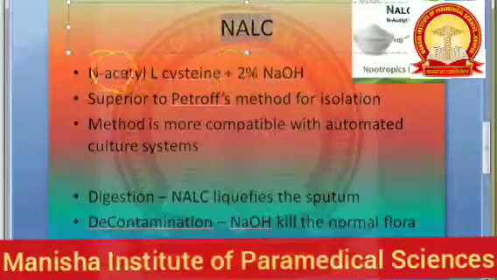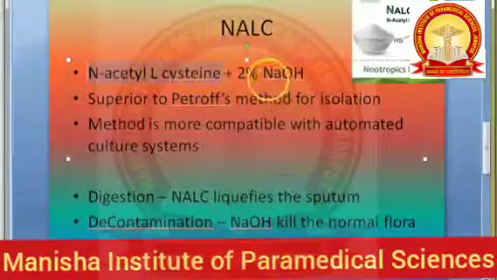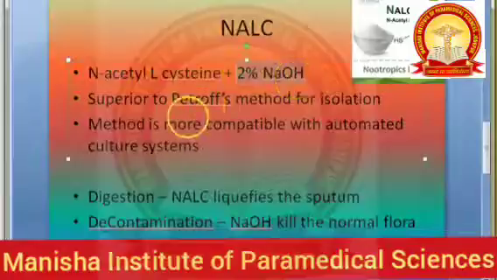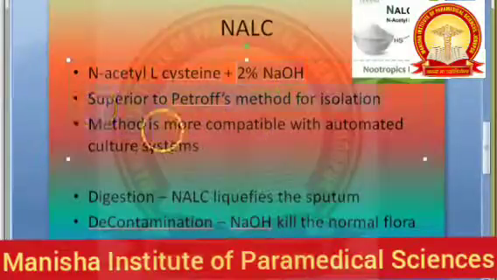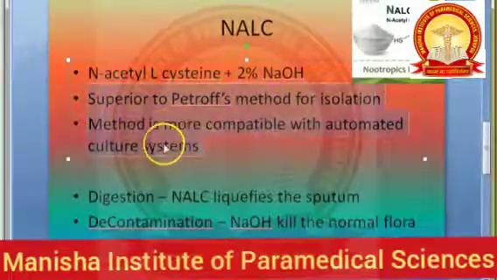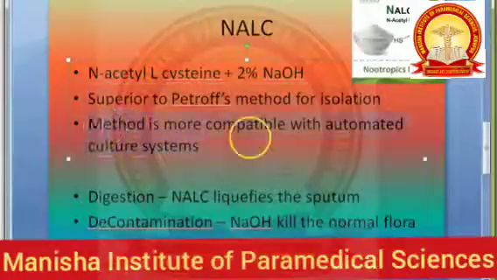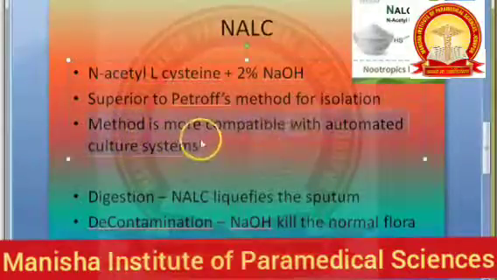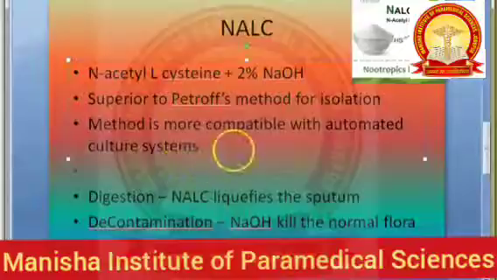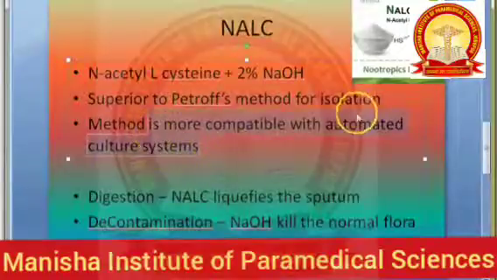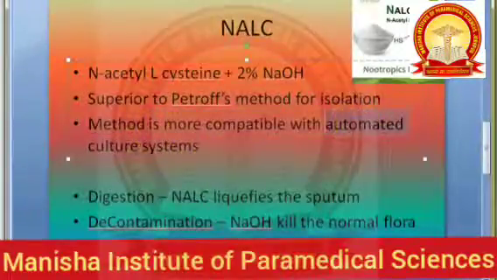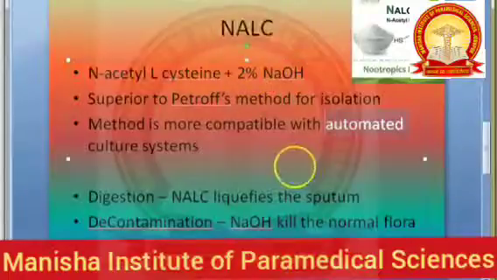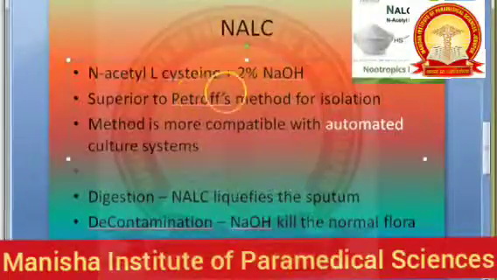Moving on to NALC, that is N-acetyl L-cysteine plus 2% NaOH method. Here this method is better than Petrov's method for isolation, and it is more compatible with automated culture systems. That is what nowadays everything has become, automatic, no? With such automated culture systems, NALC is better.